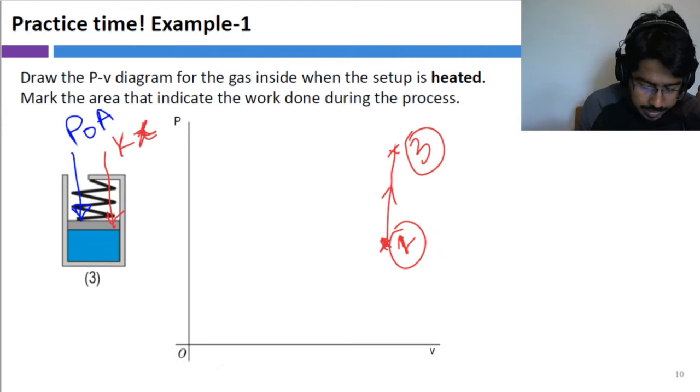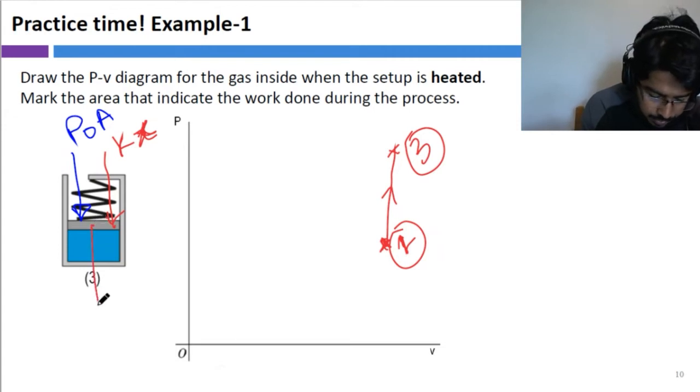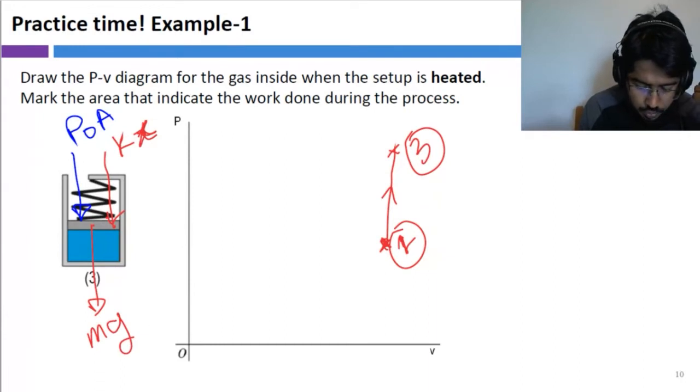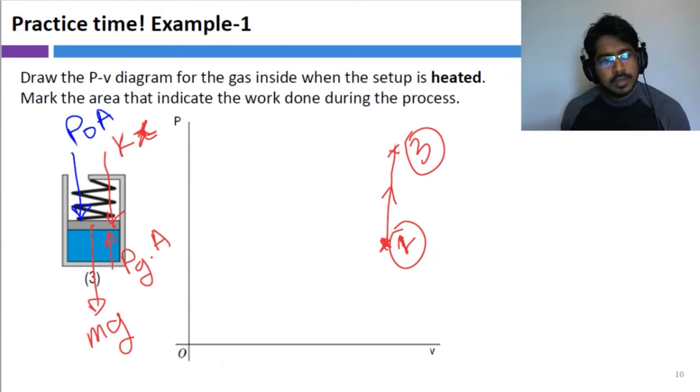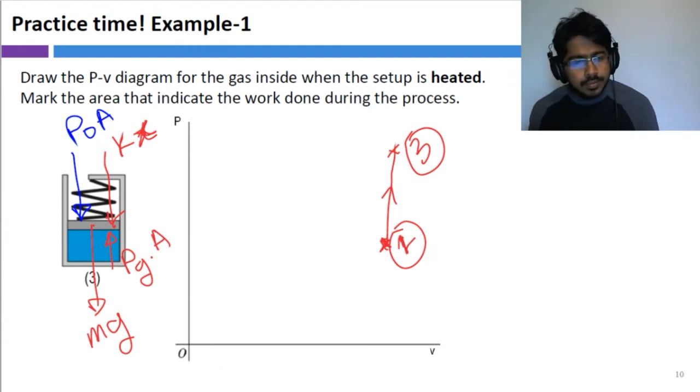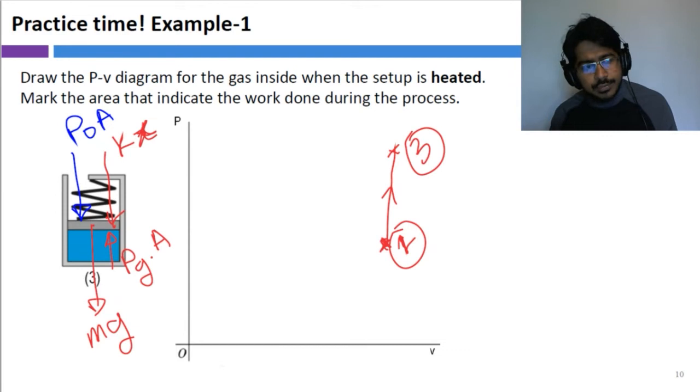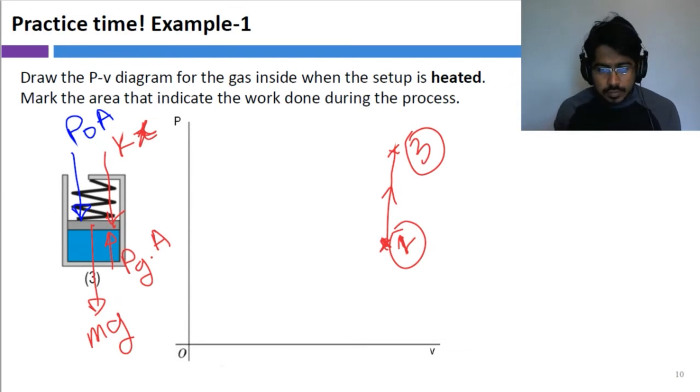And in addition to that, we have the mass of the piston, or the weight of the piston, acting downwards. And all these forces are balanced by the pressure of the gas times the area of the piston. So do we all agree about these forces? Are we all clear?